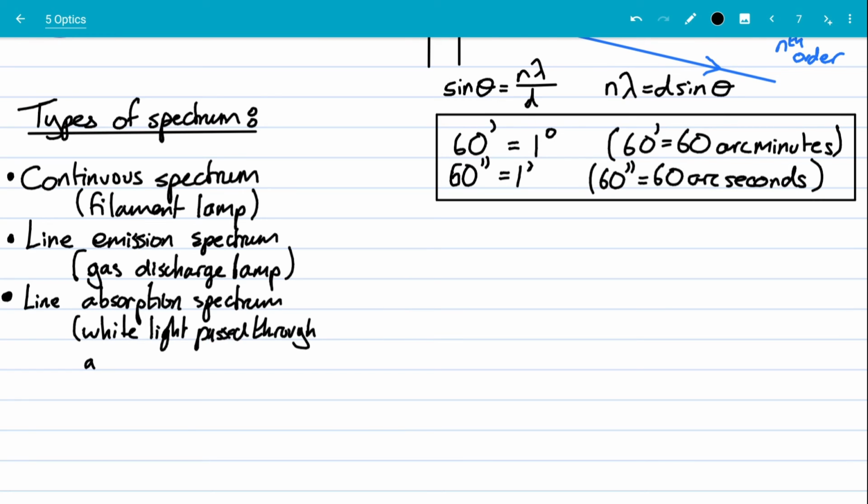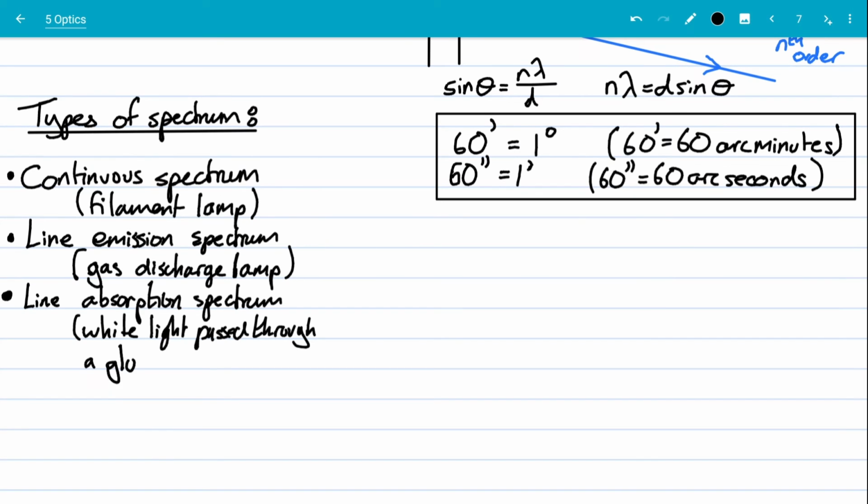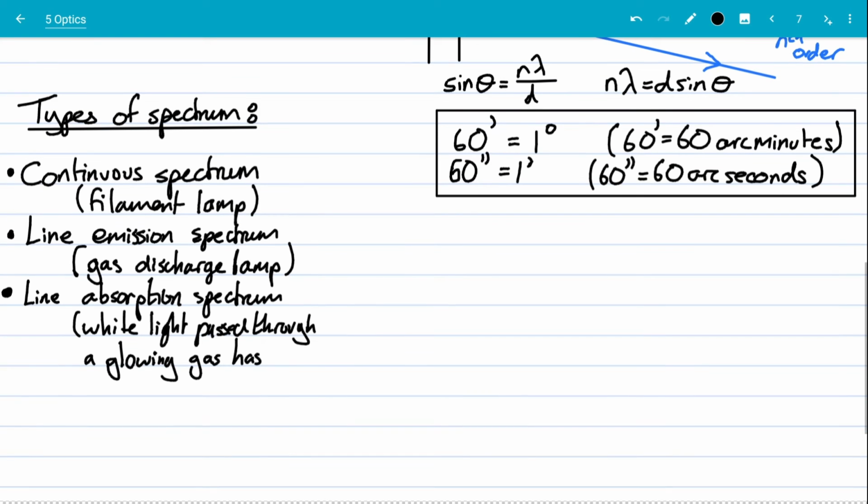So white light passing through a glowing gas has colors removed. And what will that look like? Well, that will look like a spectrum of colors with dark lines in it, missing colors. It'll look like a continuous spectrum, but with missing colors.